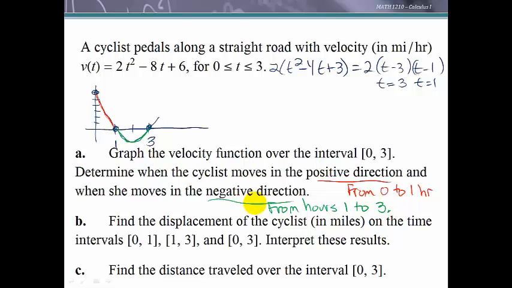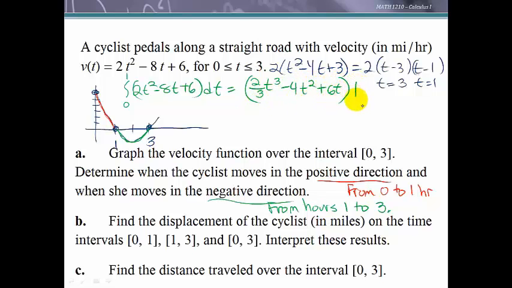Find the displacement of the cyclist on the time intervals 0 to 1, 1 to 3, and 0 to 3, and interpret those. So first of all, we're going to integrate from 0 to 1. That will give us the displacement. We've got the integral of 2t squared minus 8t plus 6 dt. Doing an antiderivative, we get 2/3 t cubed minus 4t squared plus 6t.